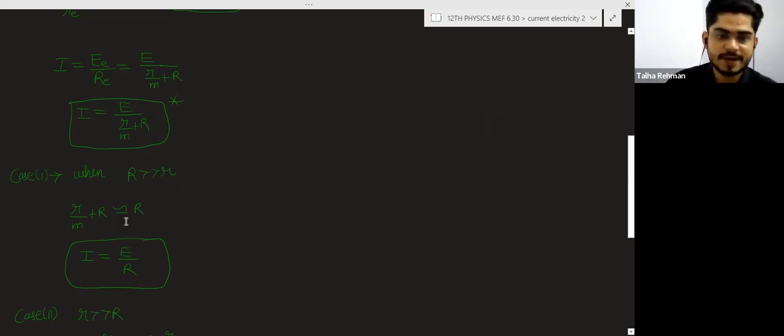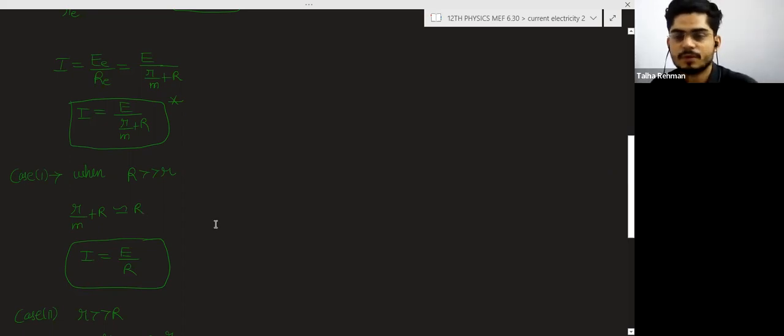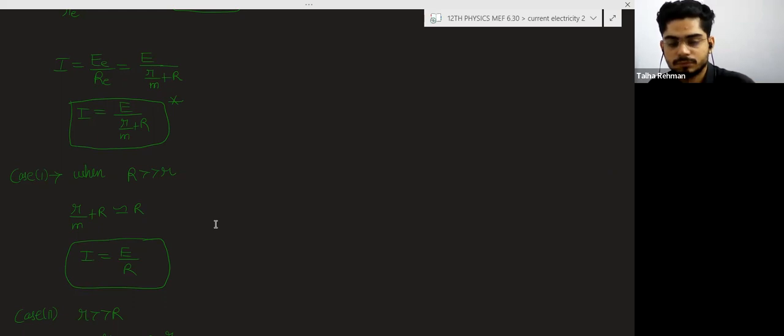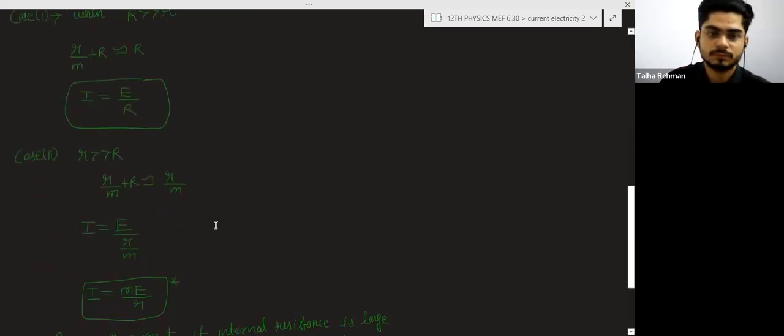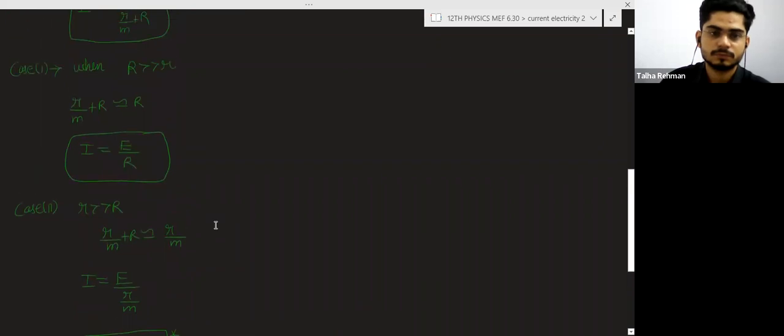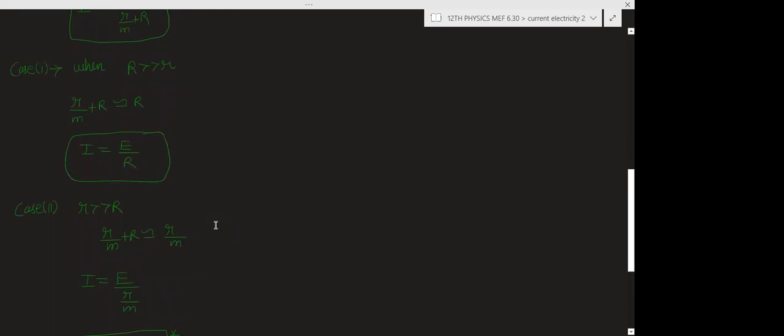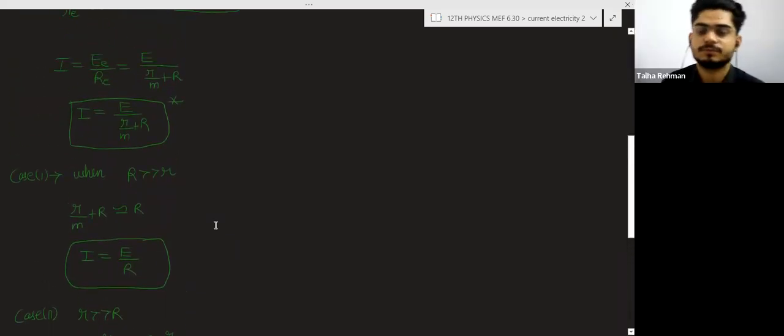Here, r by M plus R can be approximately equal to R. So can you scroll a bit up? Okay, fine.